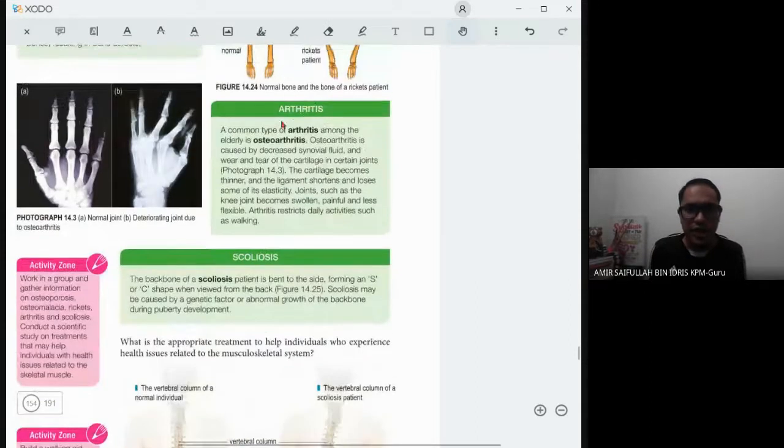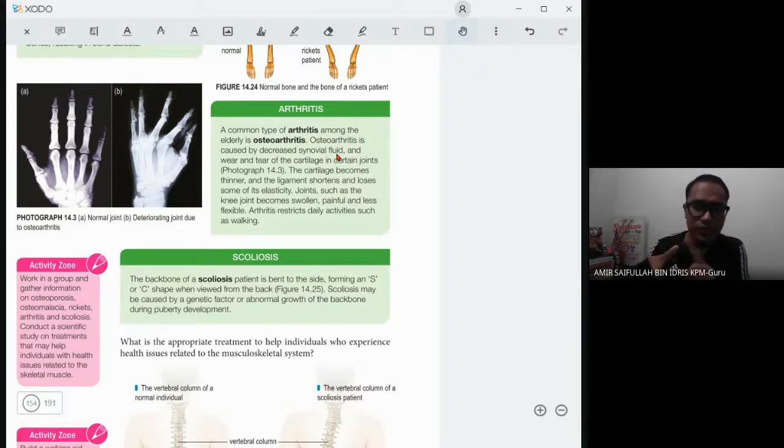Next is arthritis. A type of arthritis among the elderly is osteoarthritis. Okay, arthritis is what? A decrease in the synovial fluid. Just now you learned synovial fluid. It's the lubricant that reduces friction between bone and bone.